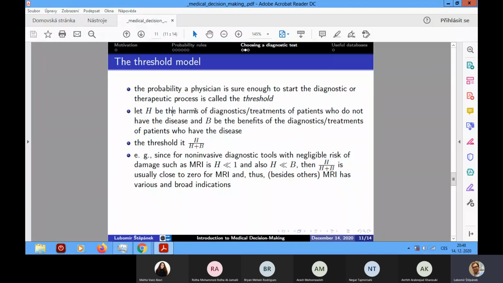It could also be both, for example dollar-minutes, because the patients will be harmed by the fact that they have to undergo unnecessary diagnostics or treatments.